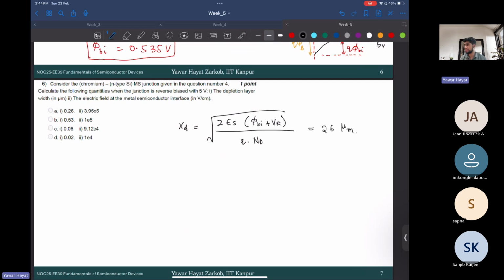What about the electric field? The E max. Once you obtain this depletion width, your E max is simply q ND by epsilon times this xt, right?